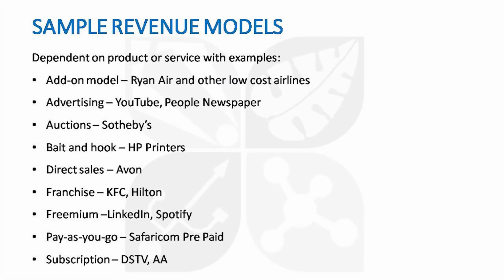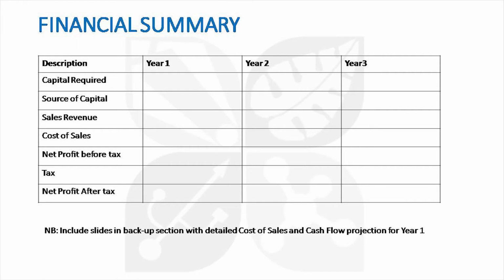There's lots of them. There are variations and combinations and permutations of these. You could create your own. Like I said, that could be your unique differentiating factor. So that's just an example. Look at your business and understand, if you go back up here, what revenue model are you using for your product or service?